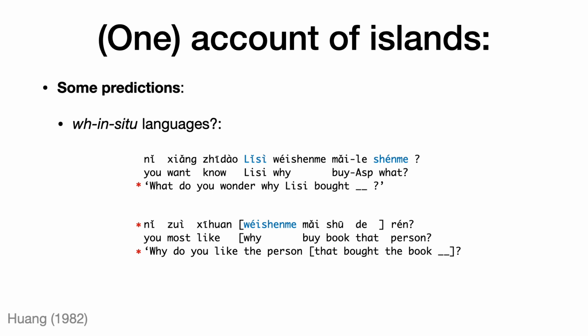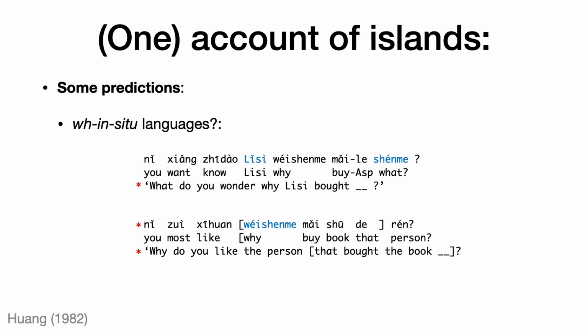That said, not all structures that are islands in English are porous in Mandarin Chinese. So there are some things that are islands in both languages. This one's a little bit harder to explain, but if we take the English sentence, why do you like the person that bought the book?